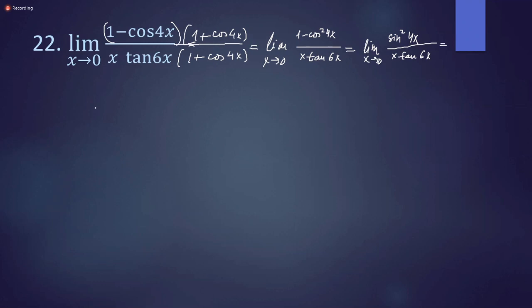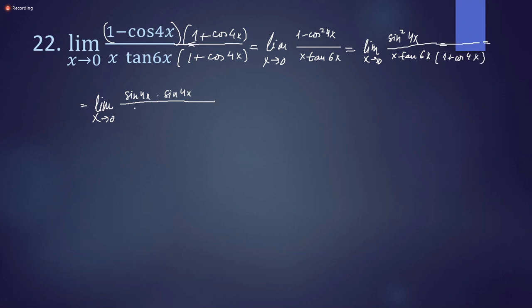And then a very good, let's say, simplistic approach. Well, maybe it takes time, but at least it helps if you have problems understanding other approaches. Sine 4x times sine 4x. And I forgot 1 plus cosine 4x here in the denominator.